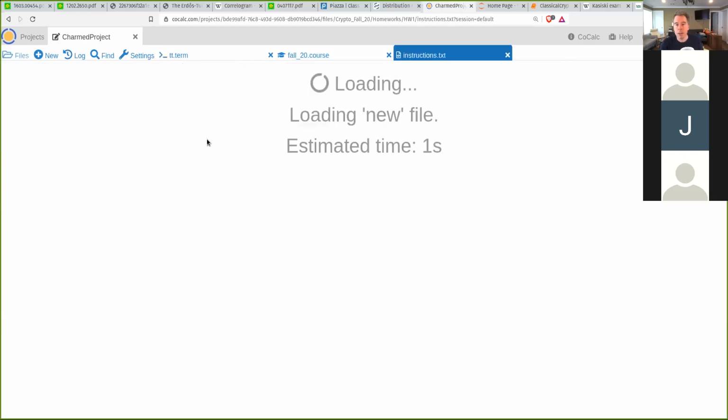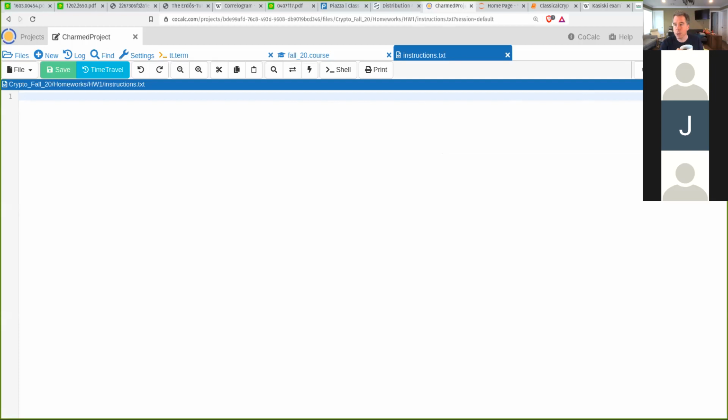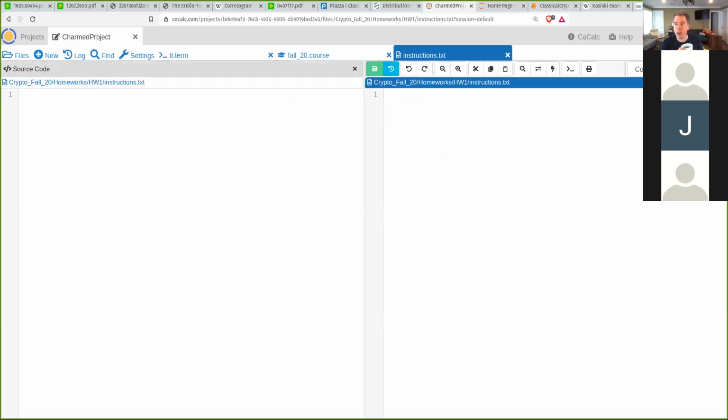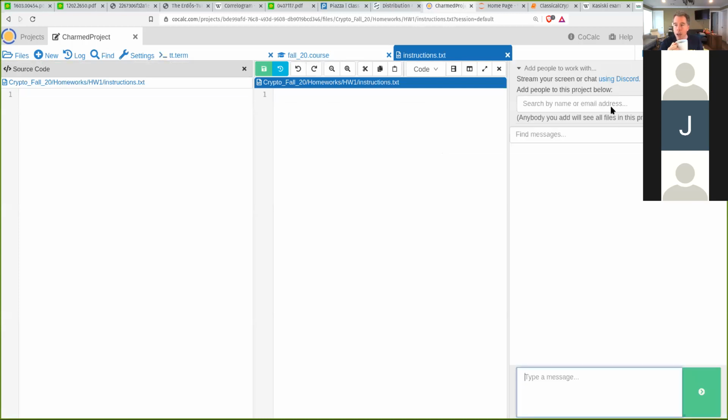Another good thing about this is that it makes it really easy for us to code collaboratively. You can see that there's a chat tab over here, and I can go to your virtual project, and we can look at documents and edit them at the same time while we talk.